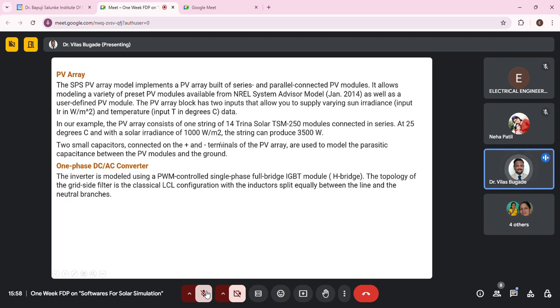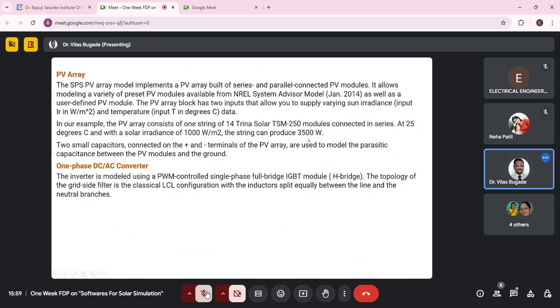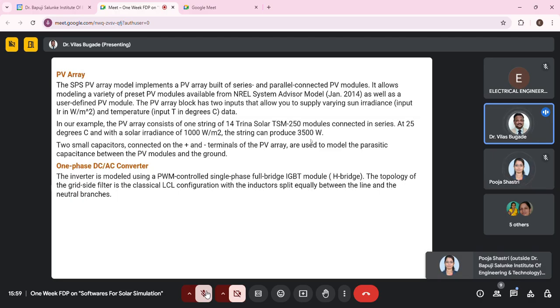At normal temperature, generally 25 degrees Celsius, we gave a solar irradiance of 1000 watts per meter squared to produce the voltage from this PV system, a PV array of 3500 watts. Two small capacitors are connected in the PV array to boost the voltage building capacity.